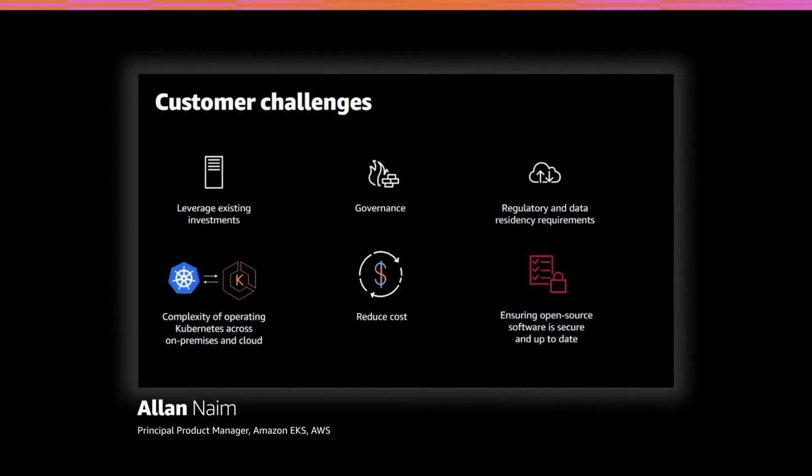Customers use Amazon EKS to run and manage Kubernetes for applications on AWS. With Amazon EKS, customers can use Kubernetes for their containerized applications and take advantage of all the performance, scale, reliability, and availability of AWS.